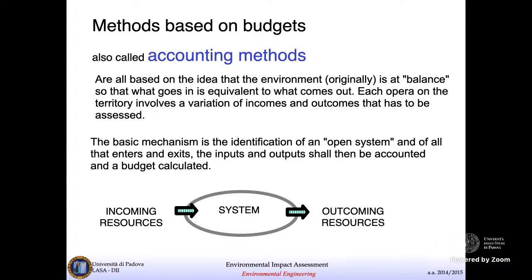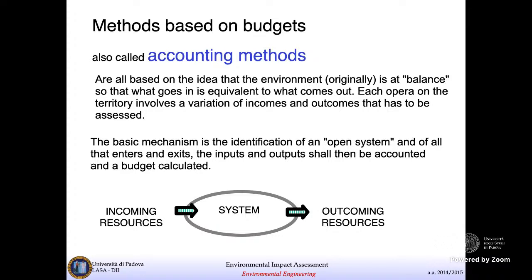The basic mechanism is the identification of an open system and of all the entries and exits, the inputs and outputs that shall be accounted, and the budget shall be calculated. So this is the general methodology you will apply in cost-benefit analysis, as we will see today.